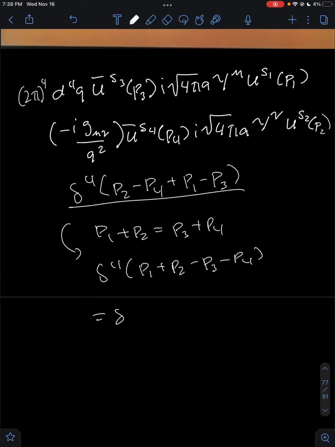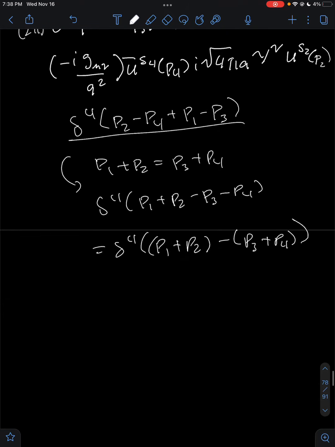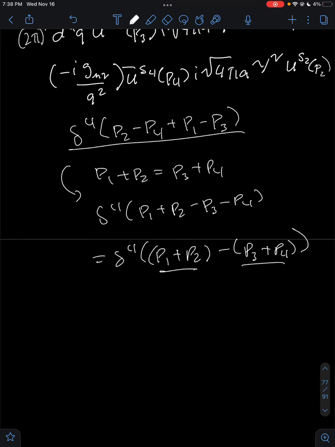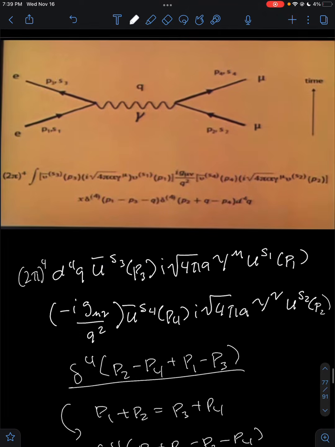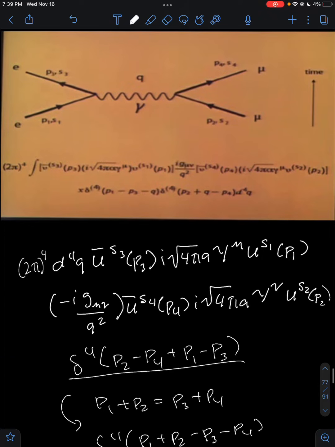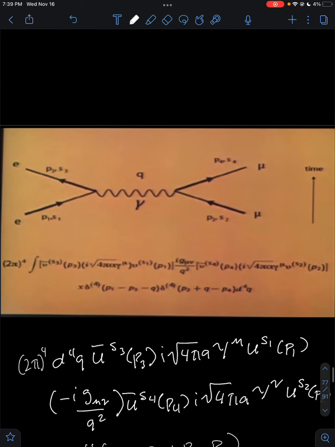Delta functions are only non-zero when one side equals the other side. And this is just momentum conservation, right? Because it's telling us that the momentum of this electron plus the momentum of this muon will be equal to the sum of the momenta of the outgoing particles.